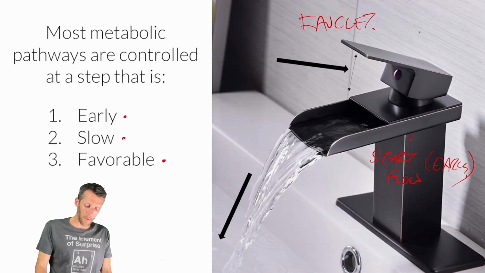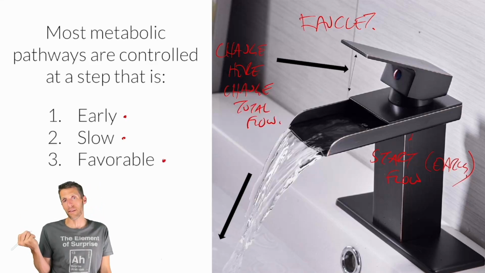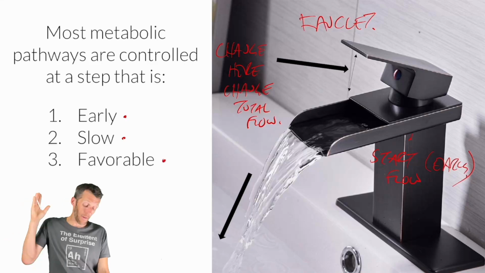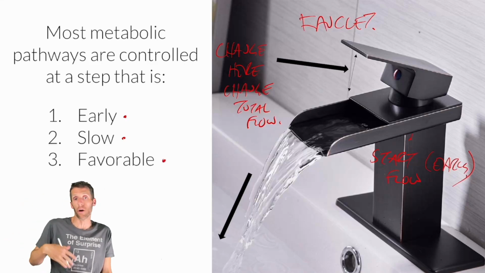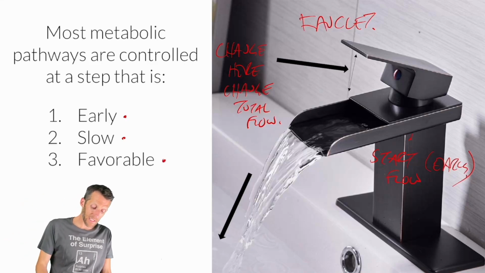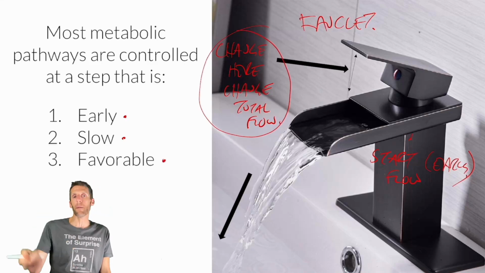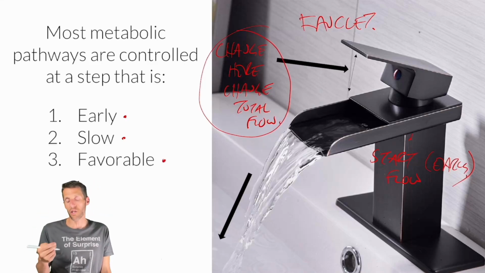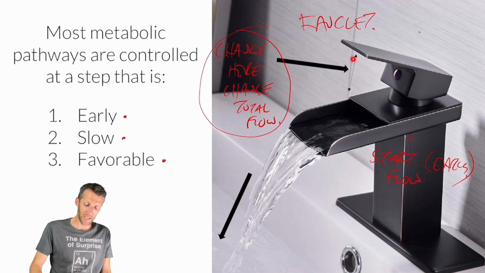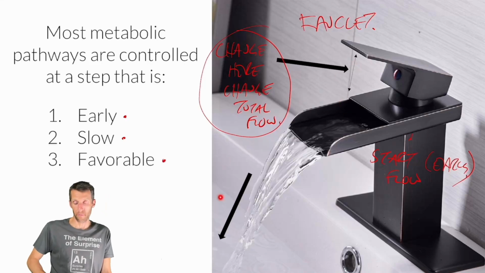It's slow, and what that means is change here, change total flow. If I open the handle on this faucet a little bit, it'll get a little bit faster. If I close this handle a little bit, it'll get a little bit slower. Because this is the slow step in the flow of water, controlling the constriction point of the faucet controls how much water flows out of the faucet.